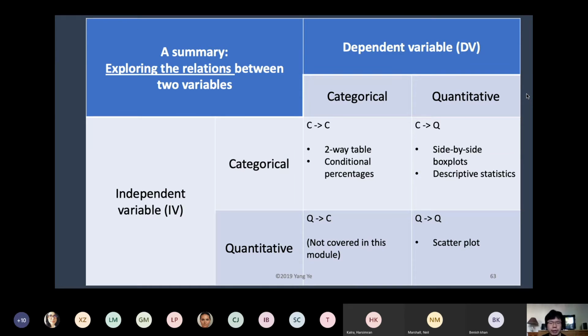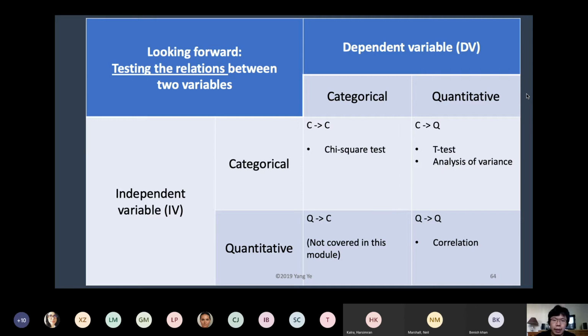QC is not covered in the module, but for QQ, the most common method is the scatter plot. To test whether the relations that we explored are statistically significant, we have different methods. We will not focus on this in the next 3 lectures, but it is for the future. For the CC relationship, we use the chi-square test.